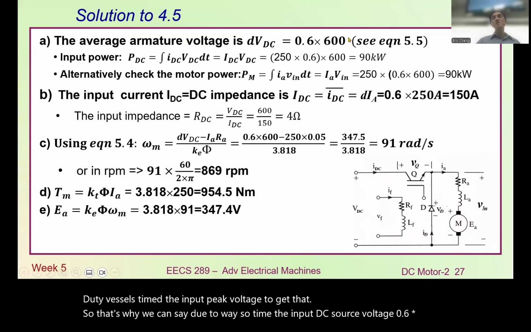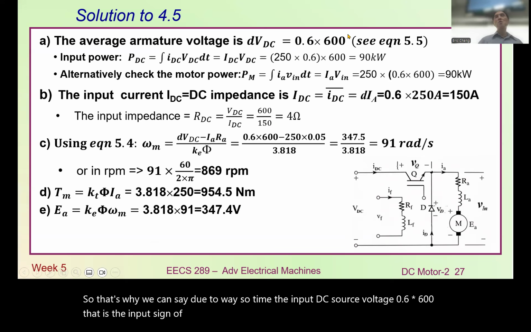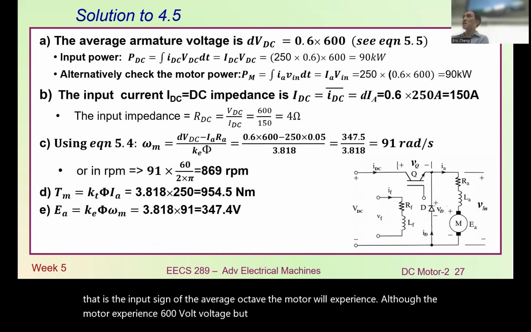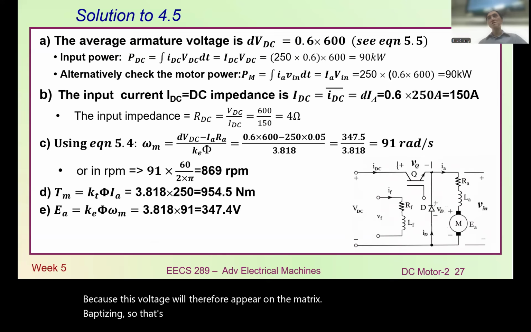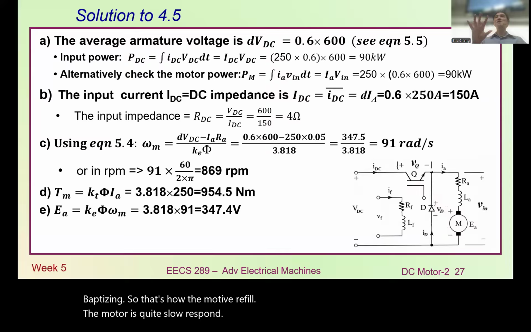That is the average voltage the motor will experience. Although the motor experiences 600 volt peak voltage, the average voltage the motor experiences is only 360. The motor is quite slow in response, with such high inertia, so it only feels the average voltage.